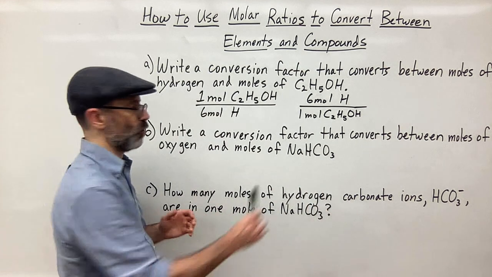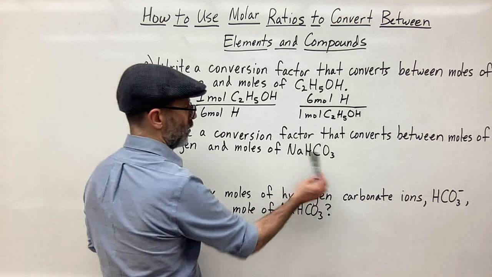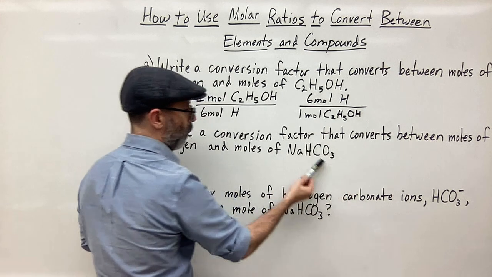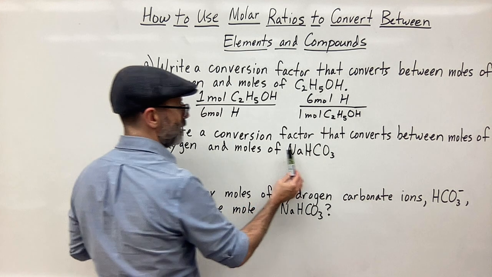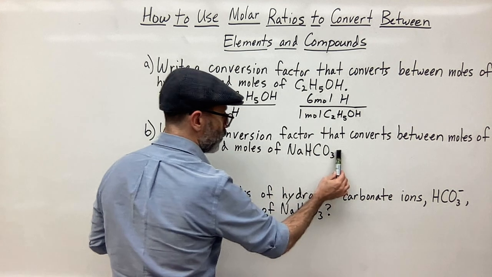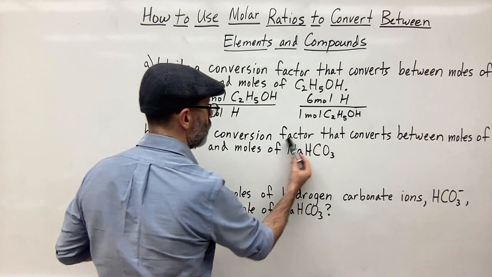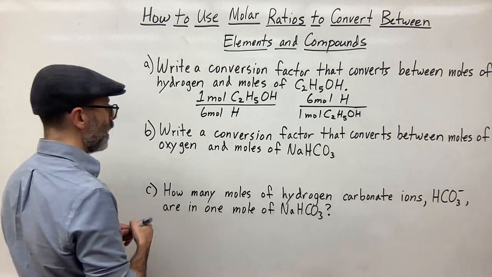So we need a ratio between this and oxygen. Look at the formula. For every one of these formula units, how many oxygens do you have? 3. So it's a 1-to-3 ratio. So for every 1 mole of this, I have 3 moles of oxygen.